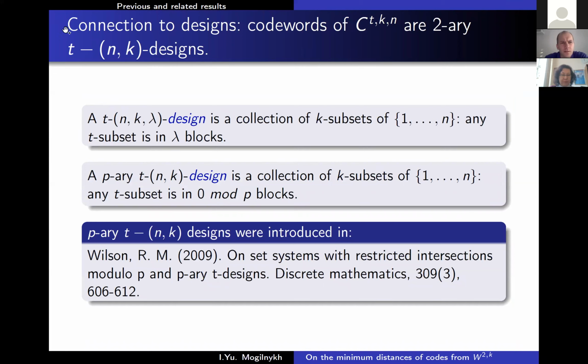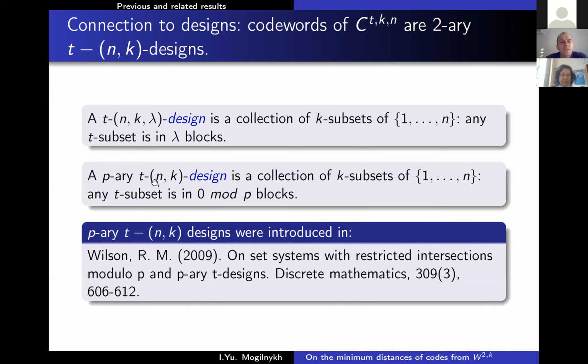So, several connections to designs. I remind you of the definition of an ordinary design. A t-(n,k,lambda) design is a collection of k-subsets of the integers from 1 to n, such that any t-subset is in lambda blocks. The following definition was suggested by Wilson.